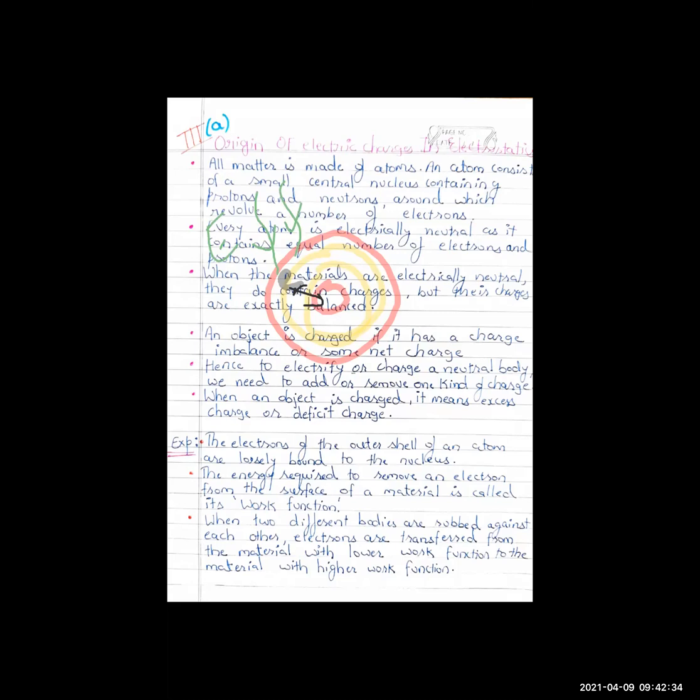So the electrons which are present in the outermost shell are very loosely bound to the nucleus. So if we give energy to this electron, it will absorb that energy, and after absorbing that energy, it will get ejected from the surface of the metal.